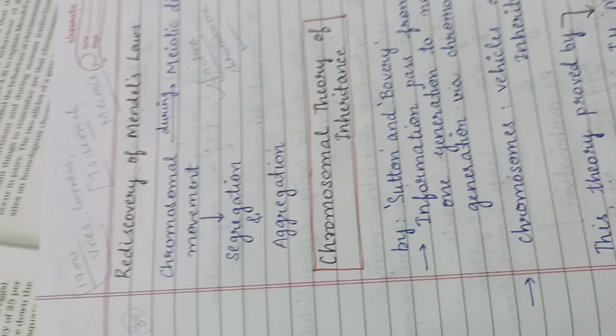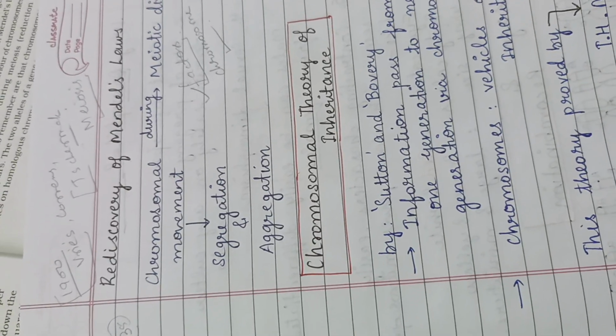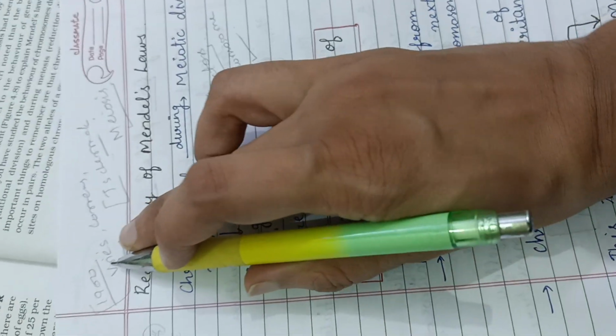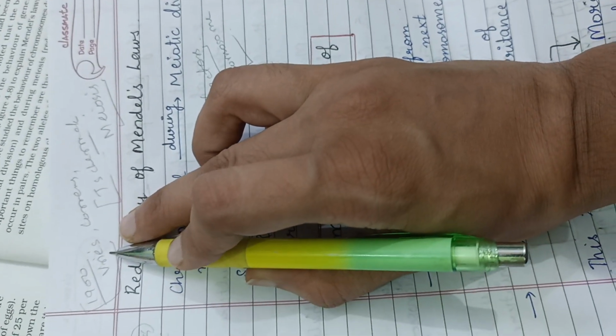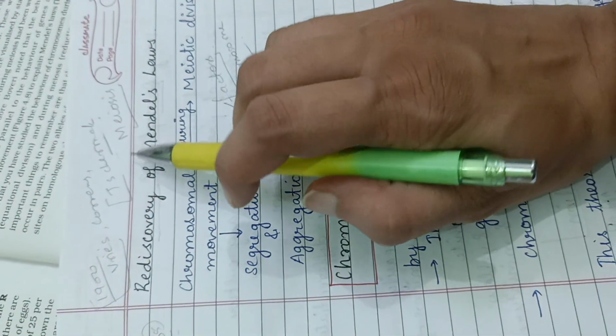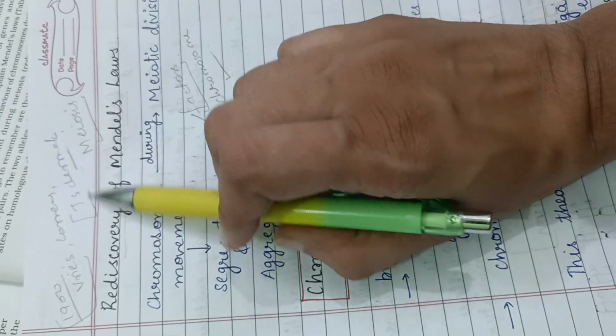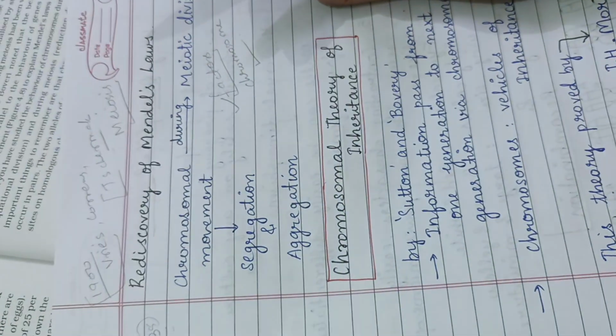So do you know that Mendel's work remained unnoticed for nearly 35 years? Around 1900, three scientists, De Vries, Correns, and von Tschermak, independently rediscovered Mendel's experiment.